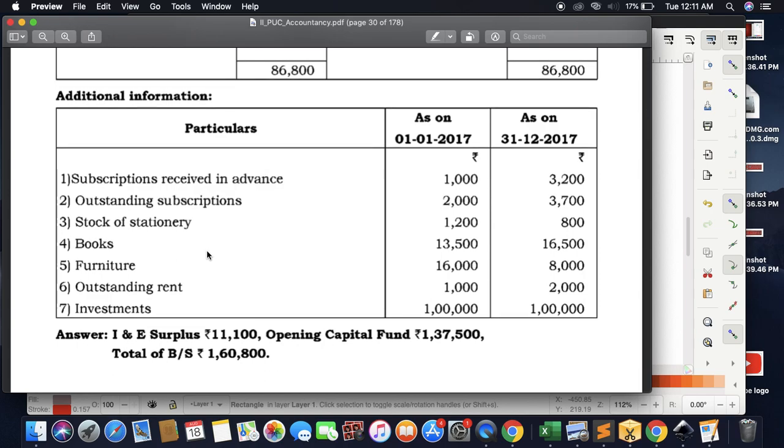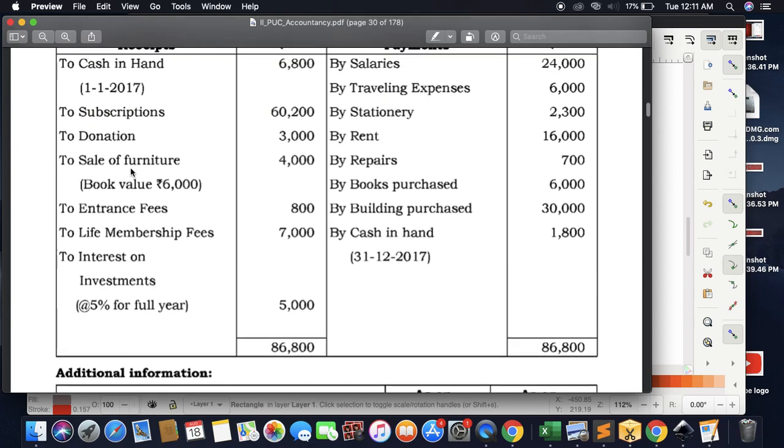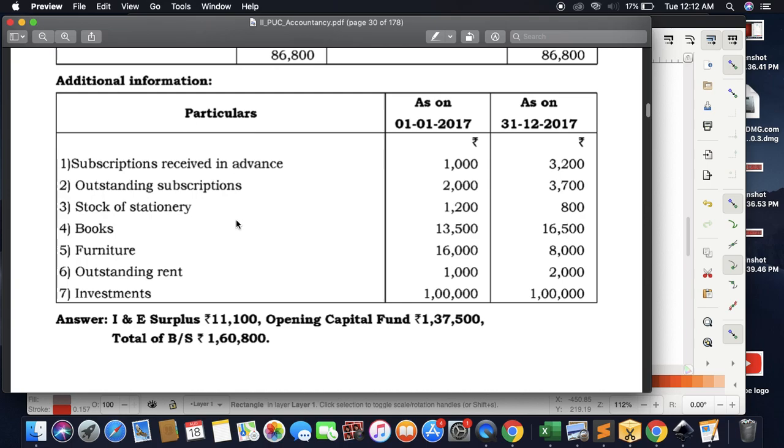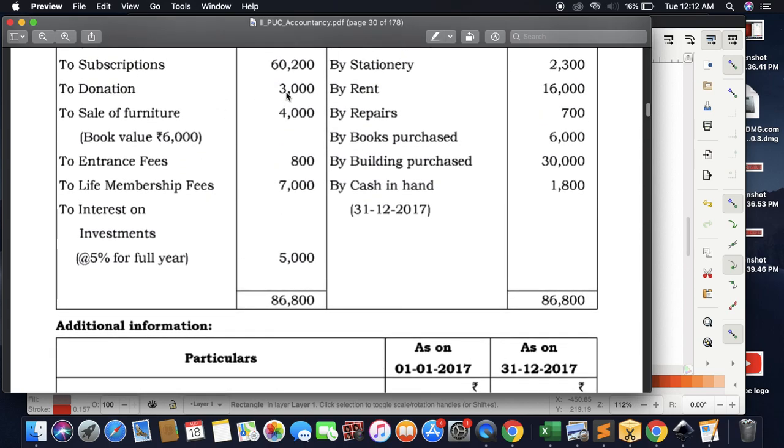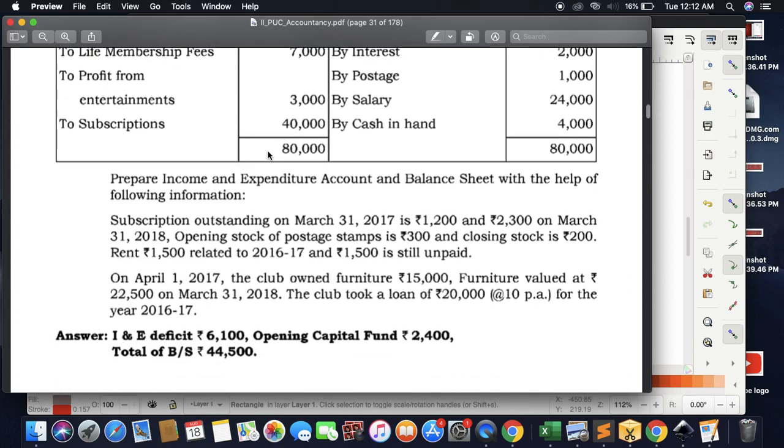See, donation 3000 rupees, but they've not mentioned anything inside the adjustments pertaining to donation. So you need to take the entire amount as an income for this year, donation 3000 rupees.